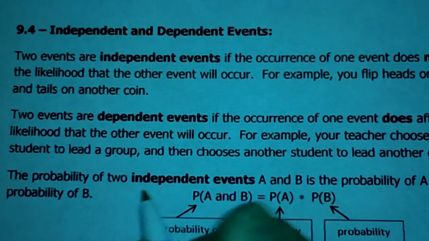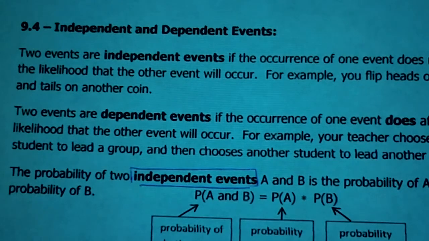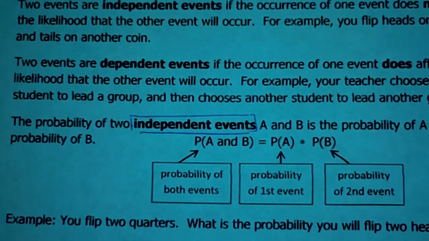So if we're dealing with independent events, you should box this just like that. When you're dealing with independent events, the likelihood that they're going to happen, the probability of two independent events, event A and event B, is the probability of A times the probability of B. And we know that the probability of something is the number of times it happens out of the total number of times the experiment took place.